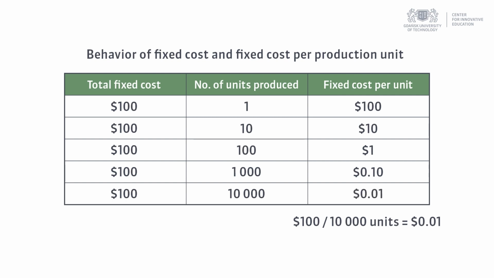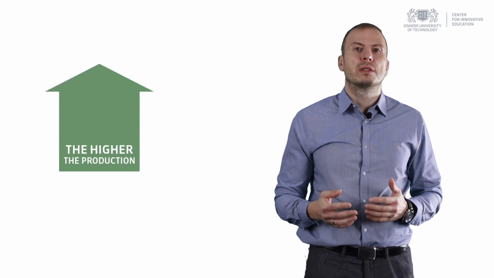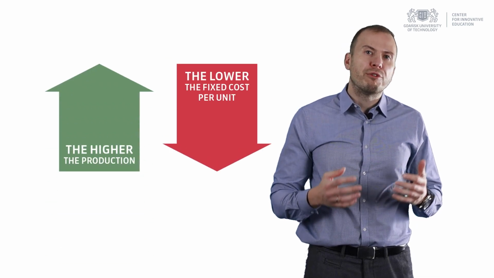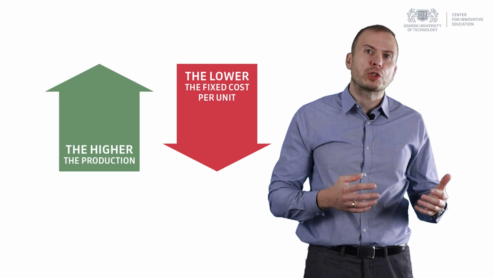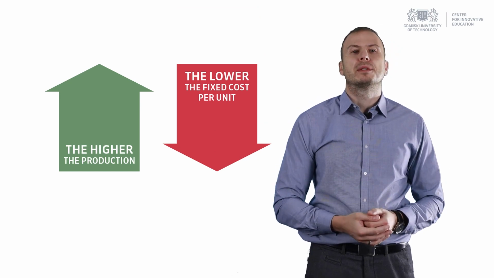If the company produces 10,000 units, the fixed cost for each unit is 1 cent, and so on. Such an observation leads to the conclusion that the higher the production is, the lower the fixed cost per production unit becomes. But what does that actually mean?